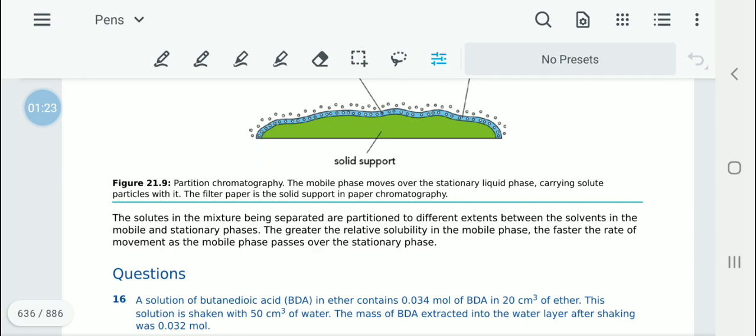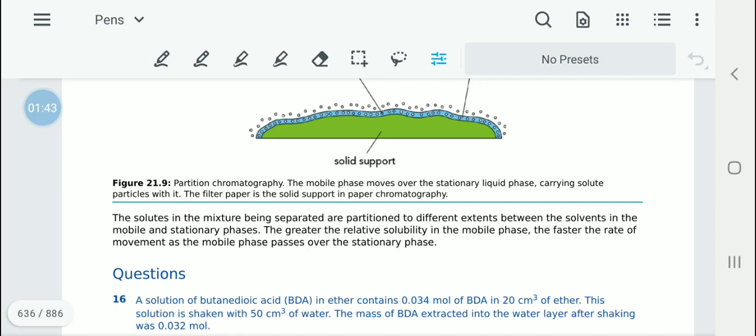That gives us an understanding of the rate of movement. If the solubility is greater in the mobile phase, the faster would be the rate of movement as the mobile phase passes over the stationary phase.